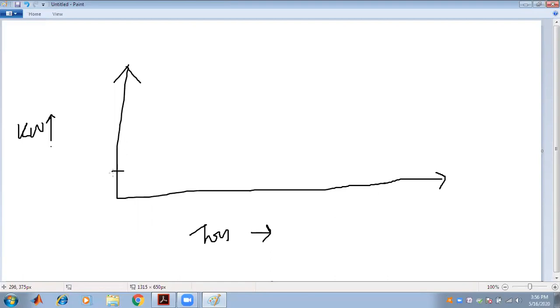So taking 50 intervals, this is 0, this is 50, this is 100, 150, to the top, 200, 250, 300, and at the top is 350. Okay, so this is 350.